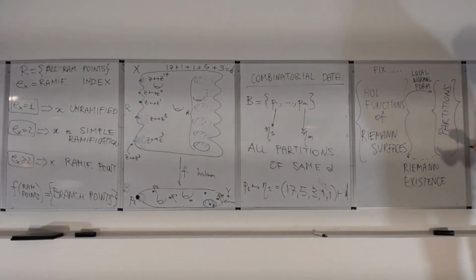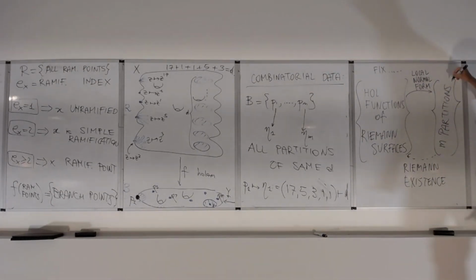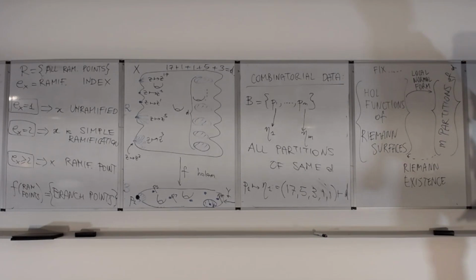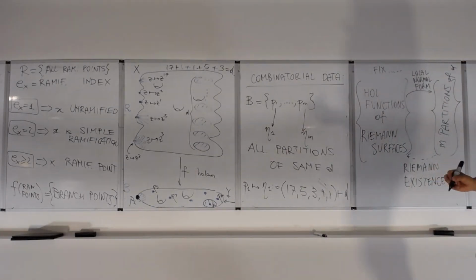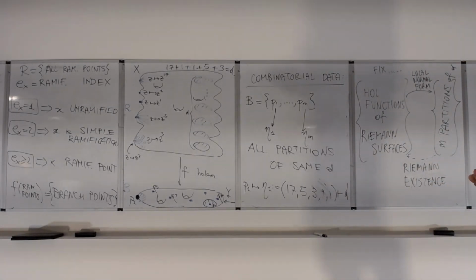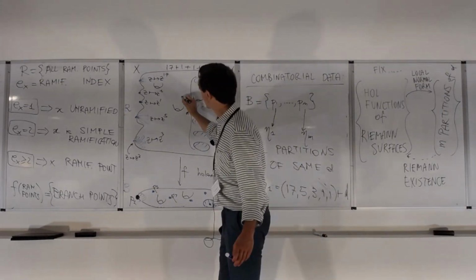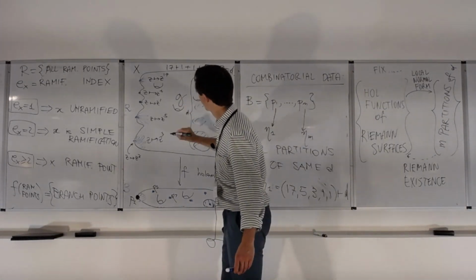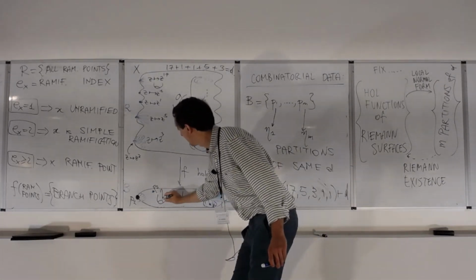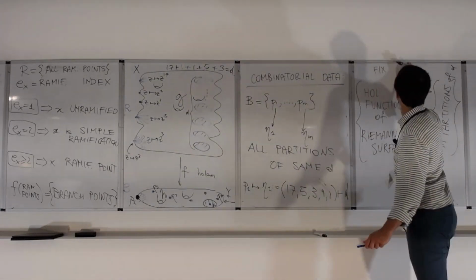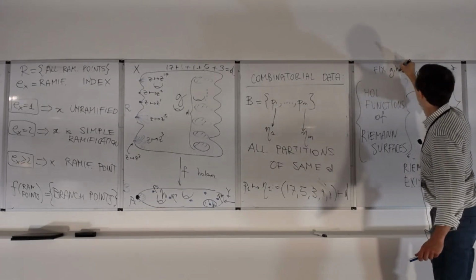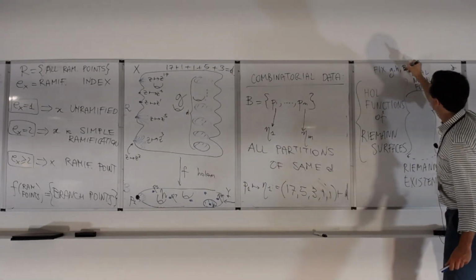So here you will have M partitions of D, to make it more precise. So you fix G, H, and the number of points downstairs. The genus upstairs, let's call it G, and the genus downstairs is H. And I want to fix G and H, and also the branch B.